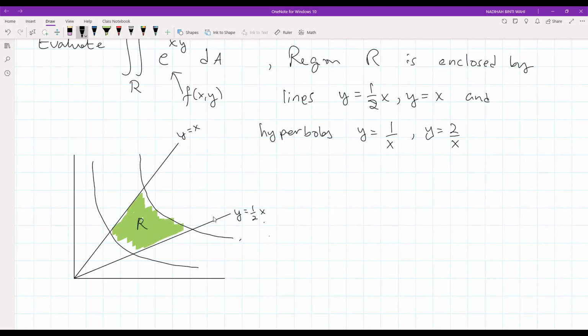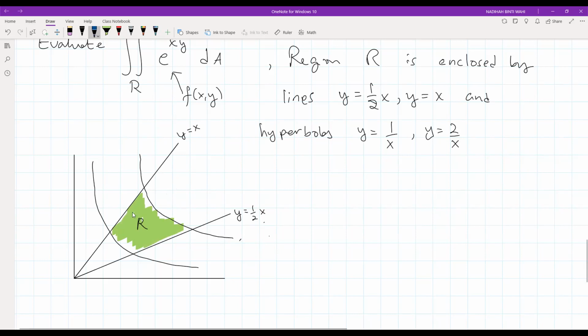Okay, now how can I do this in terms of x and y? You can see that this is quite difficult to approach if you do the direct iteration on x and y. Why?